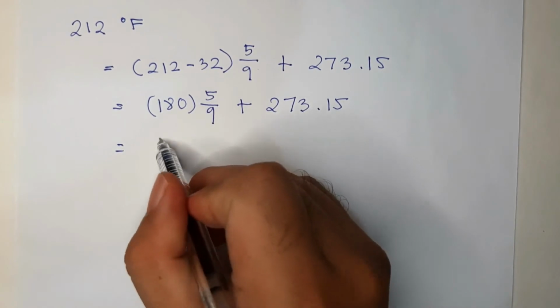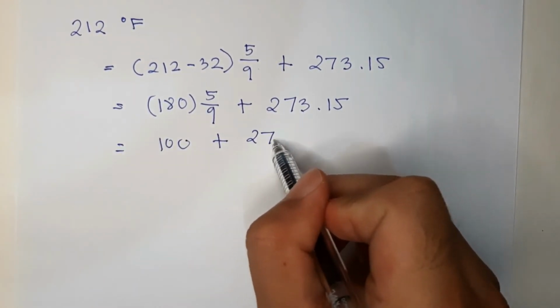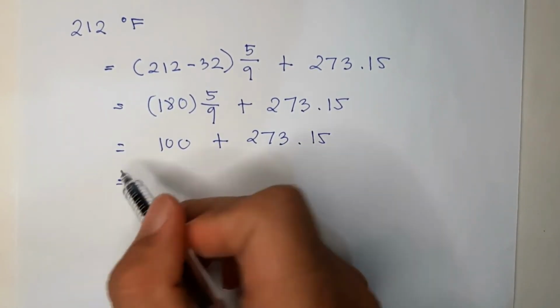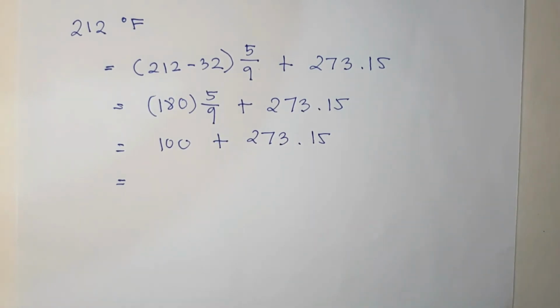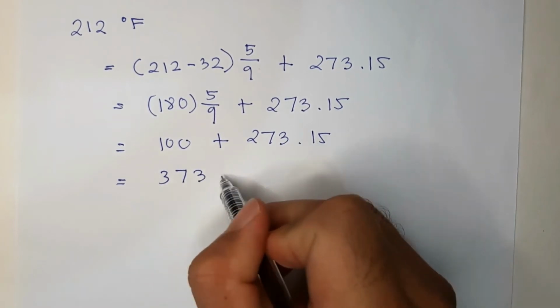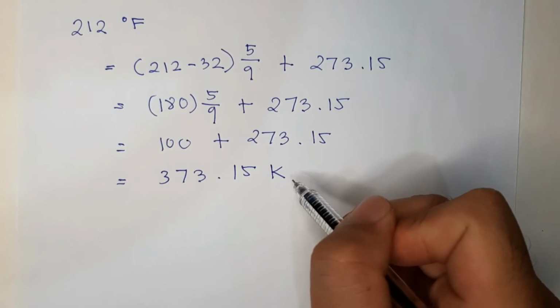So the answer is 100 plus 273.15. 100 plus 273.15 is 373.15 Kelvin.